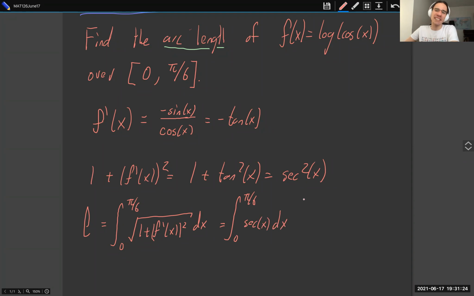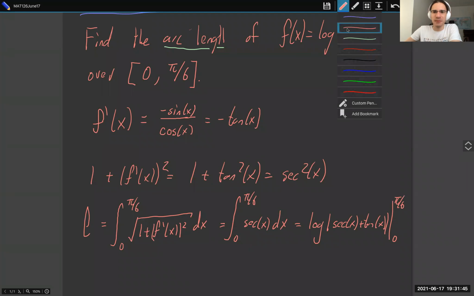And this integral I did before. It turns out that the antiderivative is the logarithm of secant plus tan x. And then we evaluate that from 0 to pi over 6. And then this is because we did this integral before.